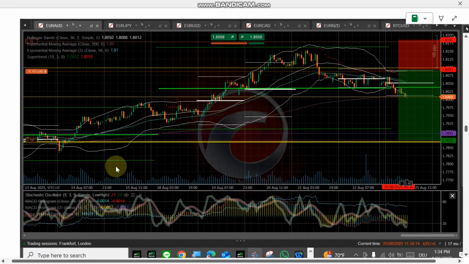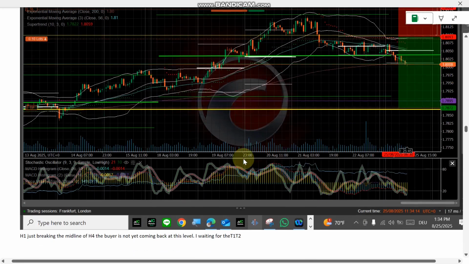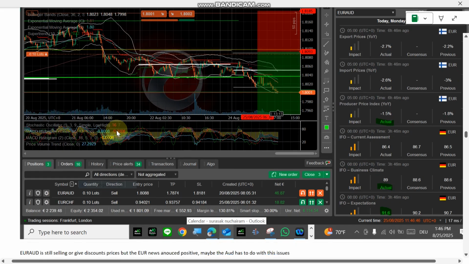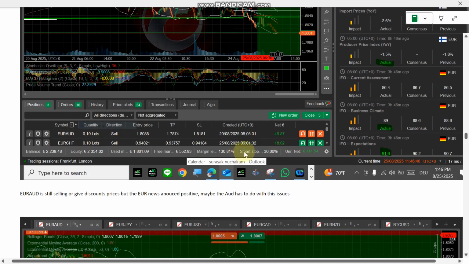Blown up bigger on the 1 hour time frame, and this is the Euro Aussie on 15 minutes with the news telling which is good news and bad news, negative or positive. With the price I can monitor from here. Euro Aussie, Euro Swiss franc still running.